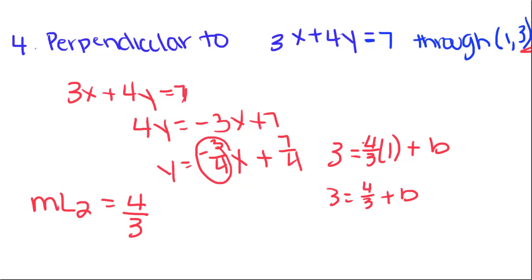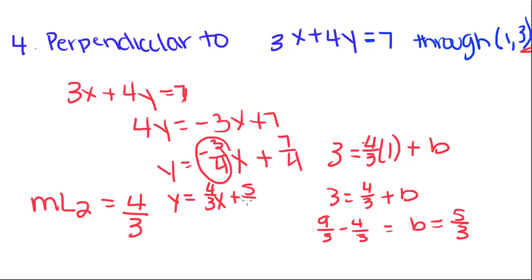If we subtract the 4/3 over and get a common denominator, we'll get b is equal to 5/3. So because they gave us their equation in standard form, we're going to write our equation in standard form as well. So our slope-intercept form is y is equal to 4/3 x plus 5/3.